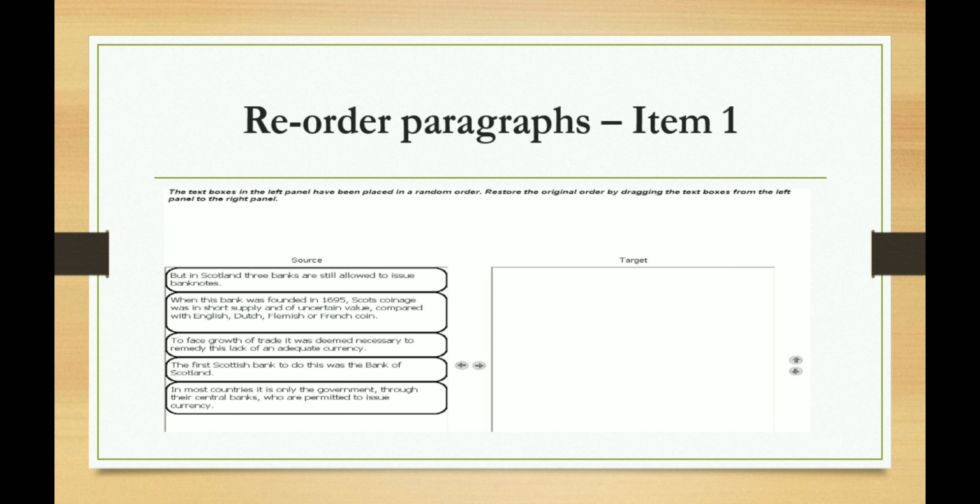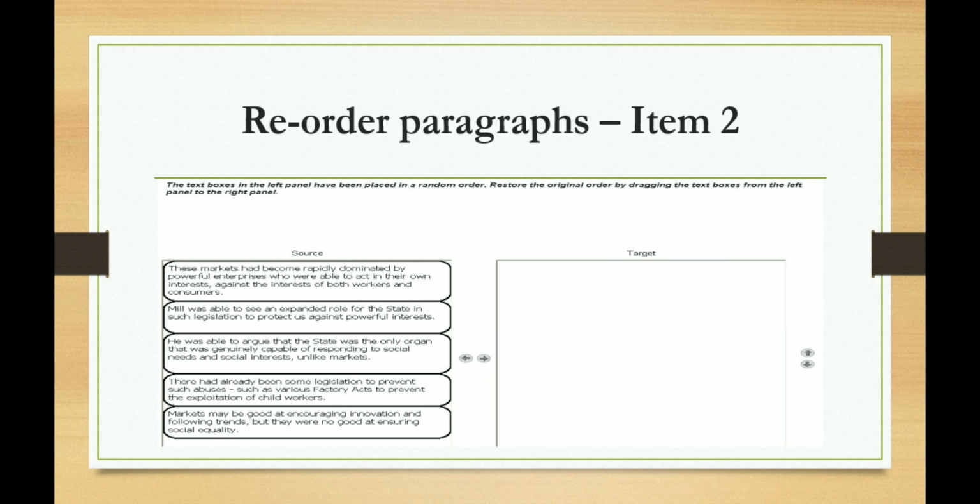Alright, I'm moving to the next. Again you have 5 options here and the instruction at the top on the left side. So look guys, I'm again giving you hints. For example, take the first sentence: these markets have become rapidly dominated by powerful enterprises.